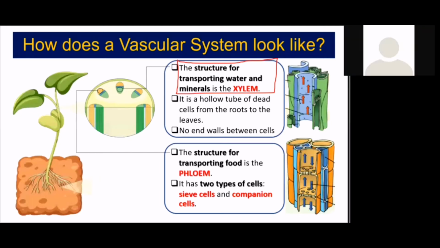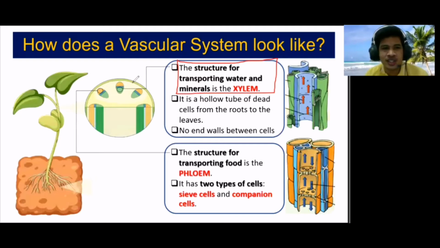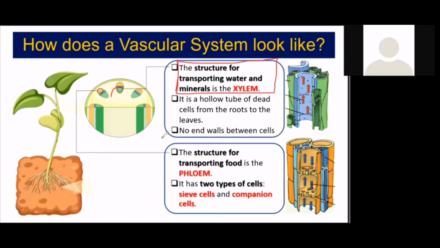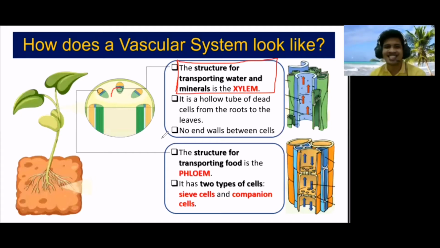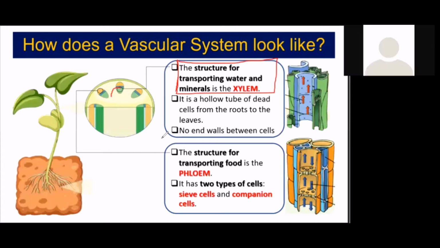Yes, Chertam. Okay. So Chertam, the first one here, the green one is xylem. Can you read this one, please? The structure for transporting water and mineral is the xylem. Okay, thank you so much, Chertam.